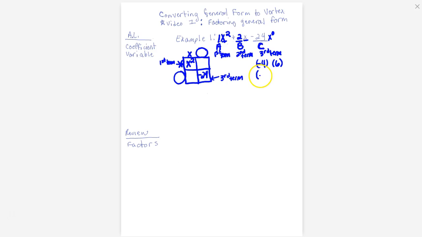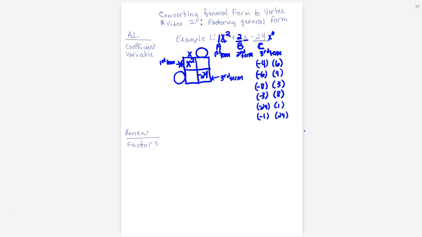We could do it the other direction. We could have a negative 6 times positive 4. We could have negative 8 times positive 3, negative 3 times positive 8. And then what would the last one be there? Oh, 24 and 1. Those are our factors, right? Negative 24 and positive 1, or negative 1 and positive 24.